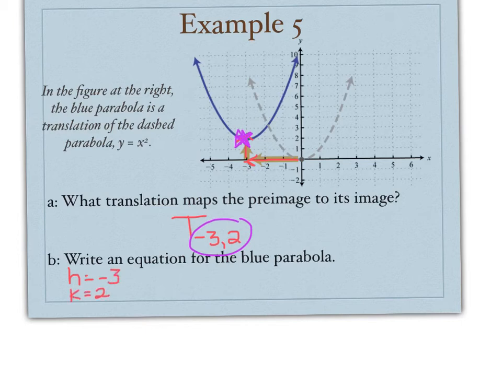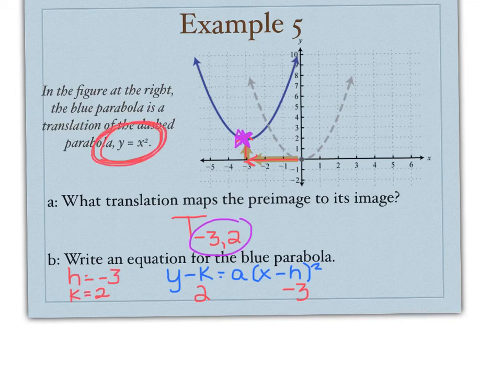And I know my equation looks like this. y minus k equals a times (x minus h) squared. So I'm going to plug those numbers in. My -3 is going in for h. My 2 is going in for k. My a value, I'm looking back up here at my original parabola. It's telling me that my original parabola is just y equals x squared.